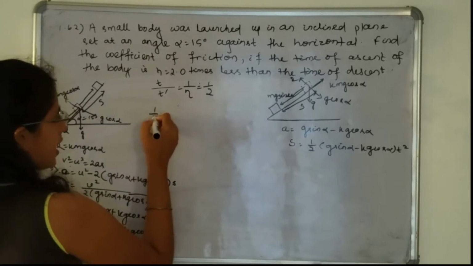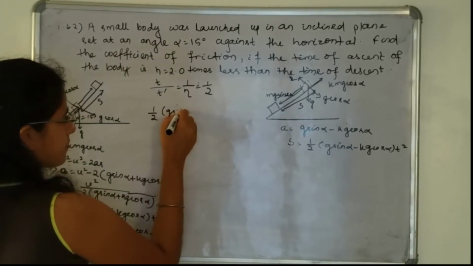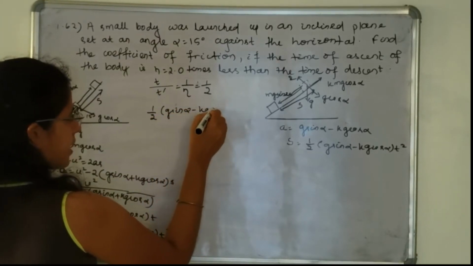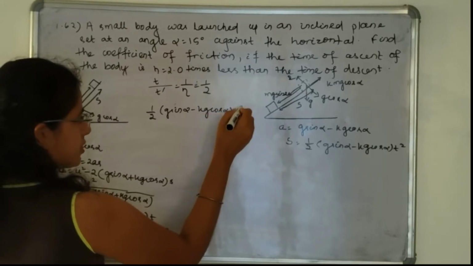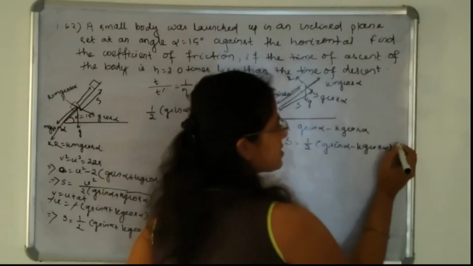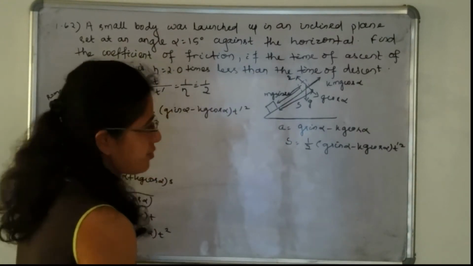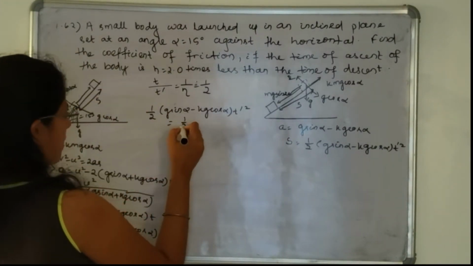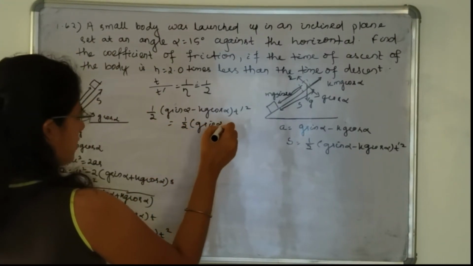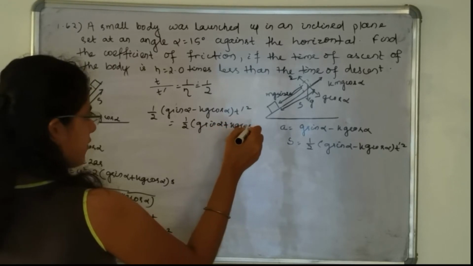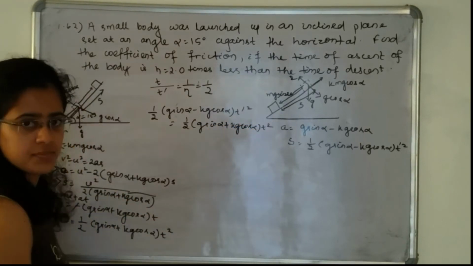That means I can write half into (g sin alpha minus kg cos alpha) into t dash square, sorry, this is t dash, that is the time of descent, is equal to half into (g sin alpha plus kg cos alpha) into t square.